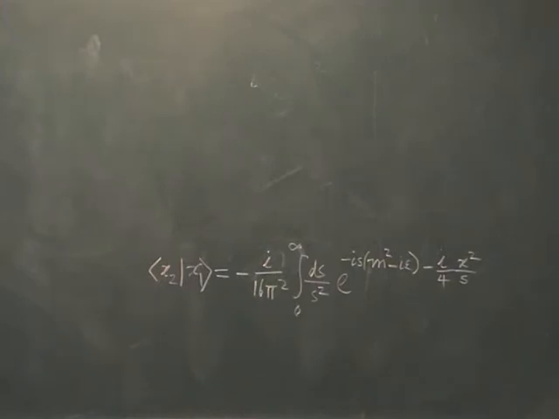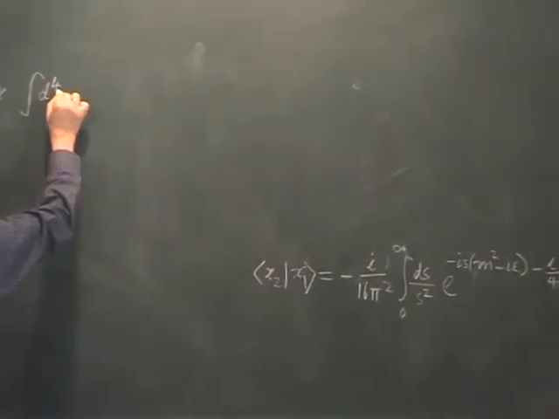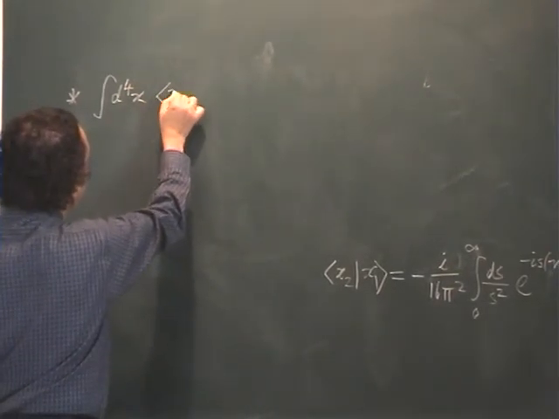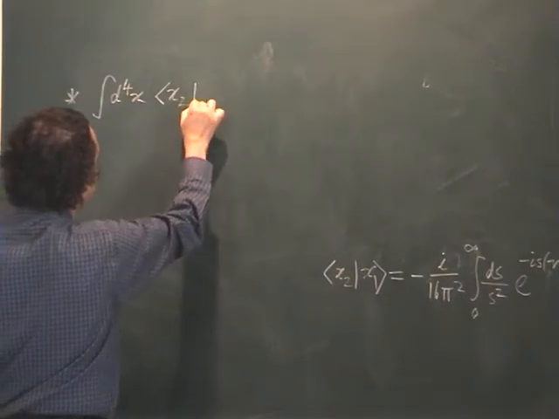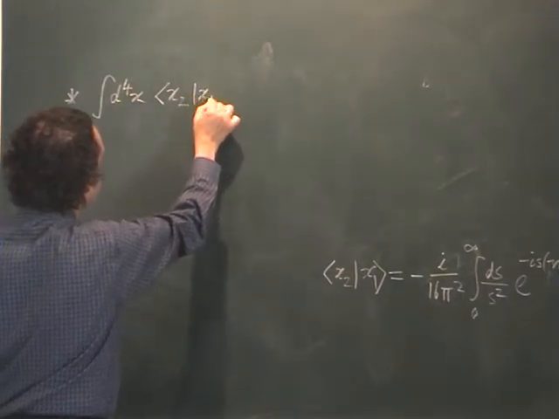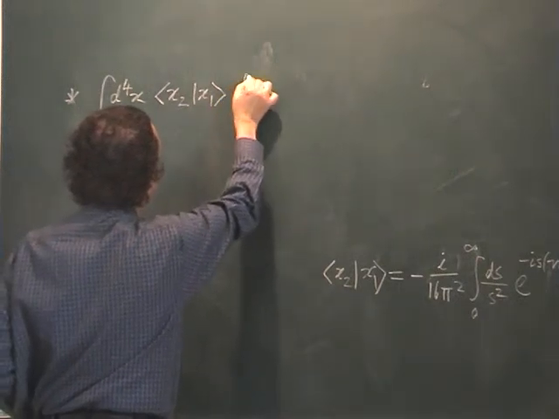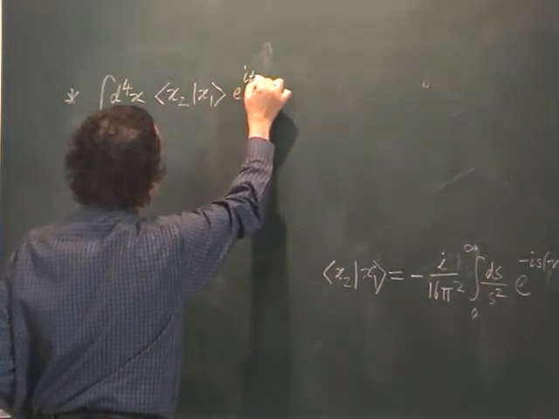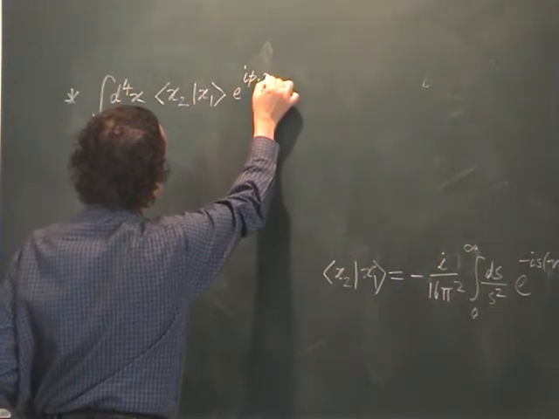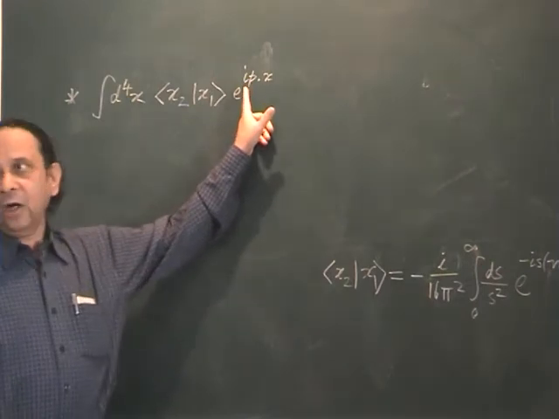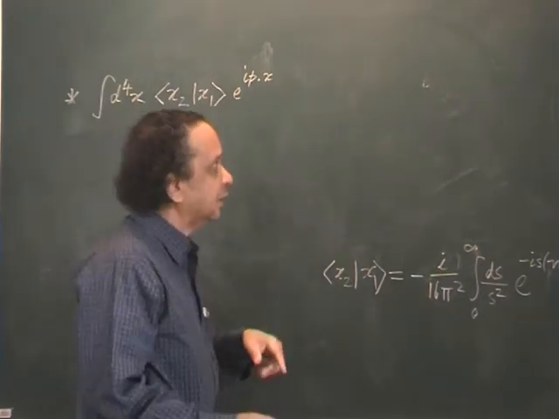So I want to compute the integral d4x of x2 x1, e to the i p x. Here p is a 4-dimensional variable, just as our x was.